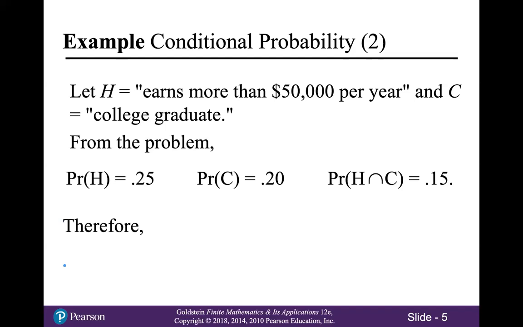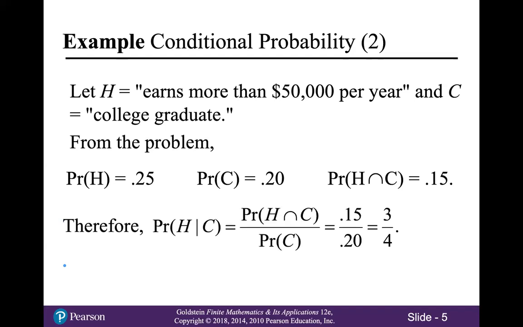We were asked to find the probability of H given C. So using the formula, that probability is the probability of H intersect C divided by the probability of C, which once again is 0.15 over 0.20, which comes out to, again, either 3/4 or 0.75.